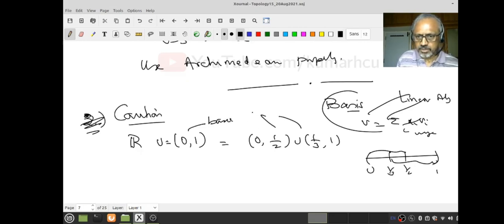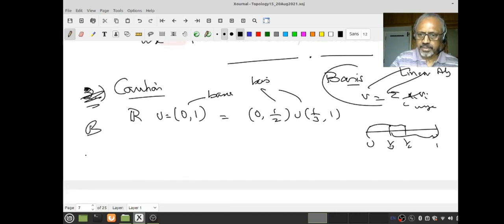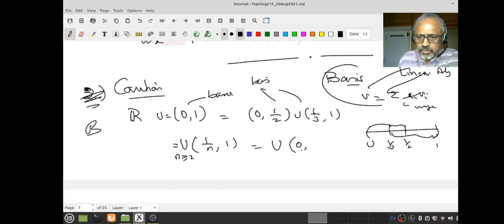These are also elements from the basis, the original basis B. And I can also write it as the union of (1/n, 1) over n greater than or equal to 2 if you want, and that's also equal to the union of (0, n minus 1 by n), where n is greater than or equal to 2. You see that? So there is no uniqueness.